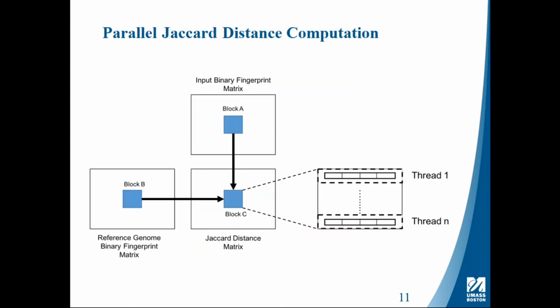In order to increase the speed of the computation, we are using a tiling mechanism here. We load a chunk of data from the input fingerprint and the reference fingerprint into the cache, and use several threads, 24 threads in this research, to calculate the Jaccard distance in a block.